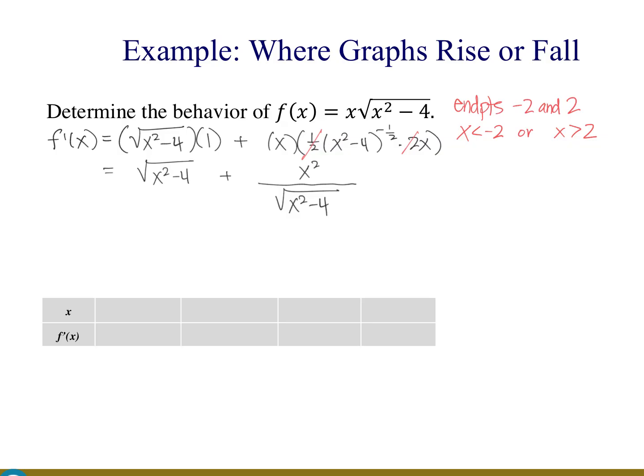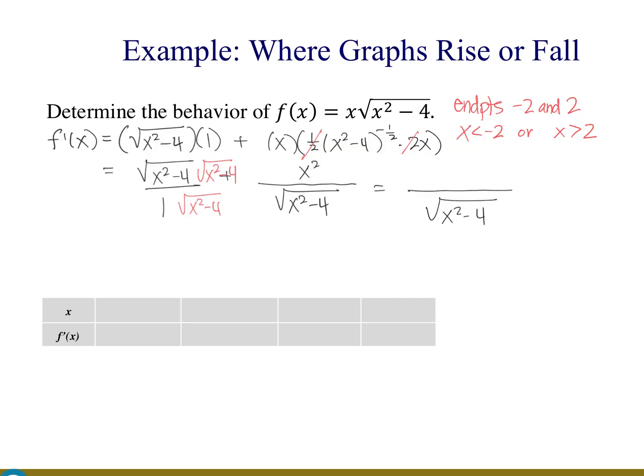Before you set that equal to 0, you don't want to jump right to that. You need to get a common denominator. So this is going to be some math. What is the existing denominator right now under the original x squared minus 4? 1. So what do I need to multiply it by? Another x squared minus 4. I need to multiply the top by x squared minus 4. This is going to give me a common denominator.